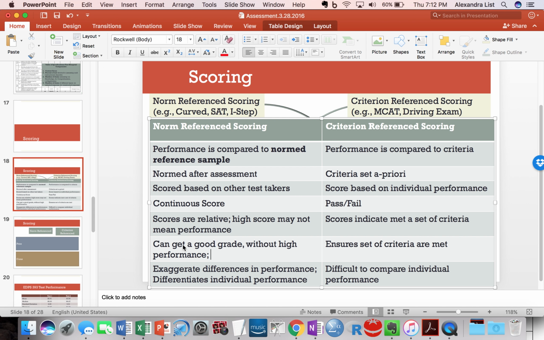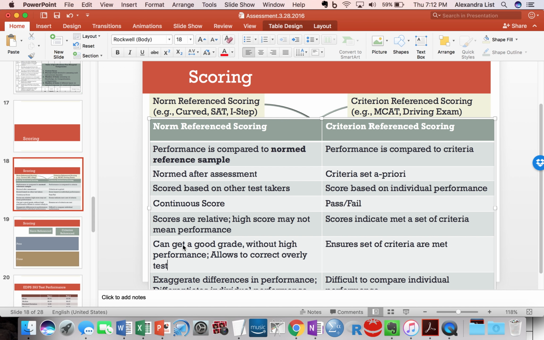And I will say the hidden benefit of that is that norm reference scoring allows us as teachers to correct for overly difficult tests. So that's the other reason why they're typically used in these kinds of large lecture classes.